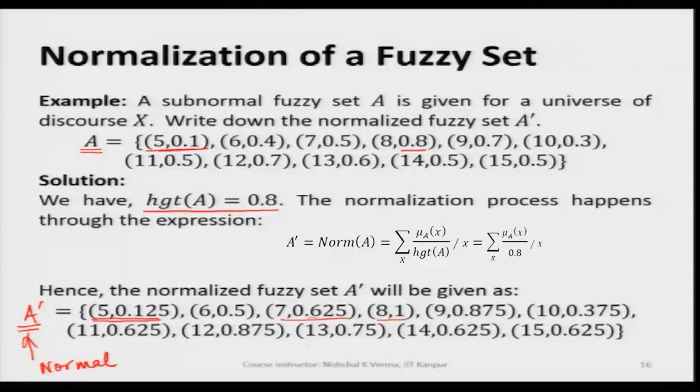When we say A divided by height of A, it means that we are dividing the respective membership values; the generic variable values are never normalized.